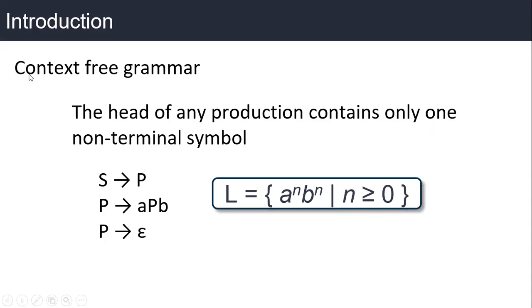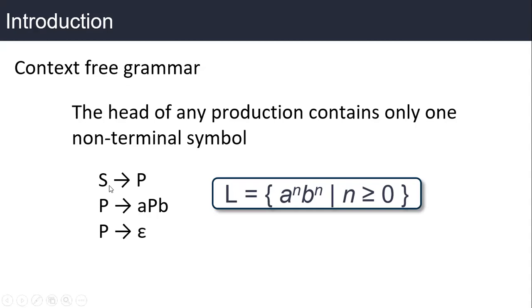Now we are talking about context-free grammar. Similar to grammar, context-free grammar also consists of four tuples, V, T, P, S. And context-free grammar says that each production has a single variable on the left-hand side. These types of grammar are called context-free grammar.